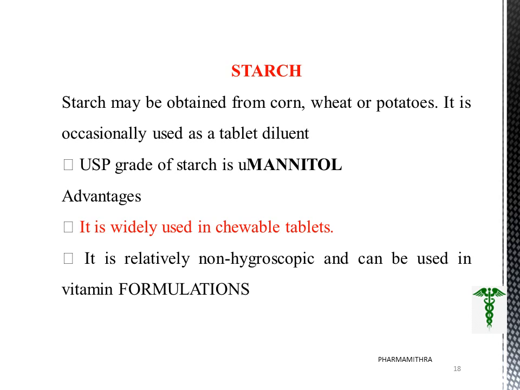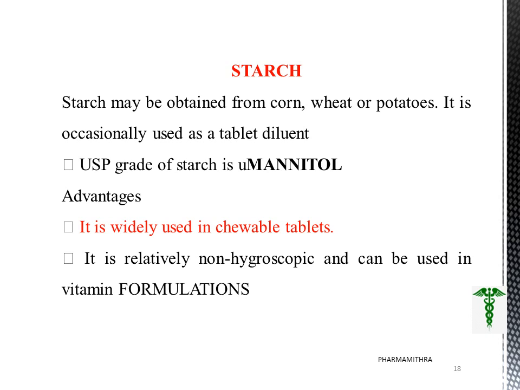The thing is that because of the negative heat of solution, it gives a cooling sensation in the mouth, along with its low solubility and pleasant feeling in the mouth, thereby we use it in chewable tablet.